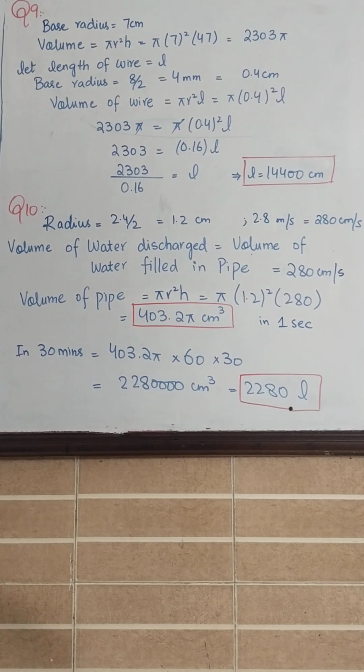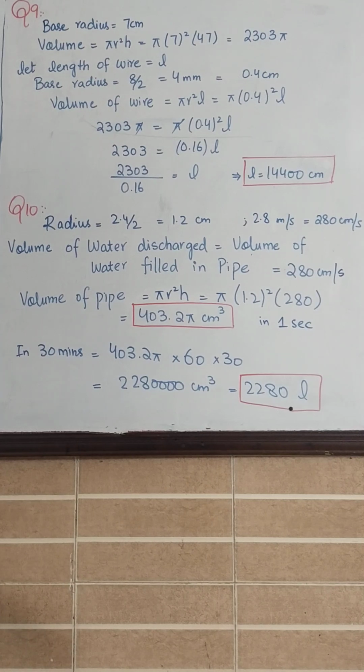So the volume of the water is equal to 403.2 pi multiplied by 60, because 1 minute is equal to 60 seconds.